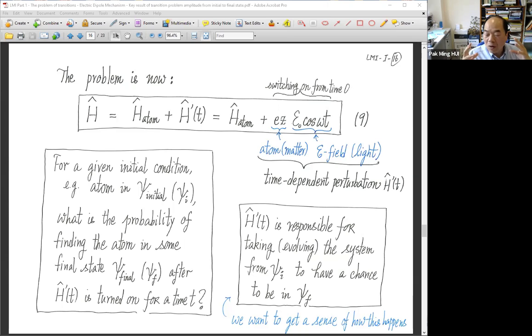And then from that point on, we can analyze what is stimulated absorption, what is stimulated emission, and what is the rate for that to happen, why Einstein says something about them. They are equal rate. So that will be the storyline of our discussion. So at this point, if you understand the question, you are in good shape.